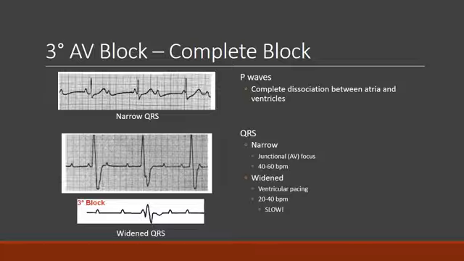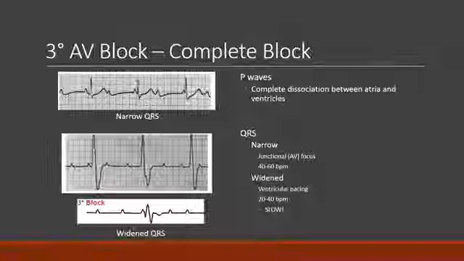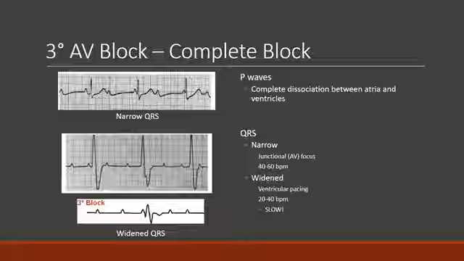And the rate there tends to be around 40 to 60 beats per minute, or it can be a widened QRS, which suggests that the automaticity foci for that rate and rhythm would be within the ventricles. Now the problem there is that the rate is probably somewhere around 20 to 40 beats per minute, and that's so slow that the ventricles are essentially not capable of keeping up with the cardiac output demands for the body, and so the body begins to be underperfused.